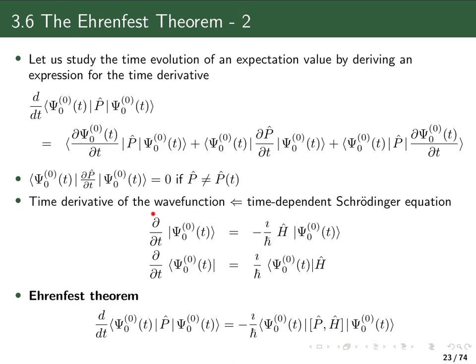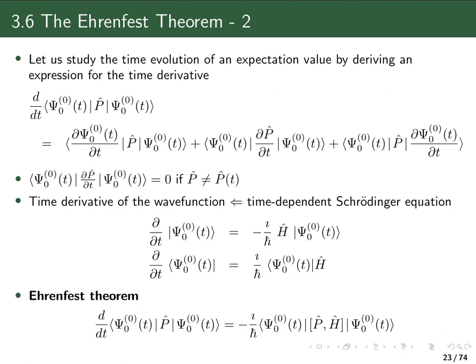So we can replace the derivative of the wave function with time by applying the Hamiltonian of the system to the wave function and then multiplying with minus i divided by h-bar. And correspondingly for the wave function in the bra, of course we have to remember that everything in the bra is complex conjugate, so we have to complex conjugate the i.